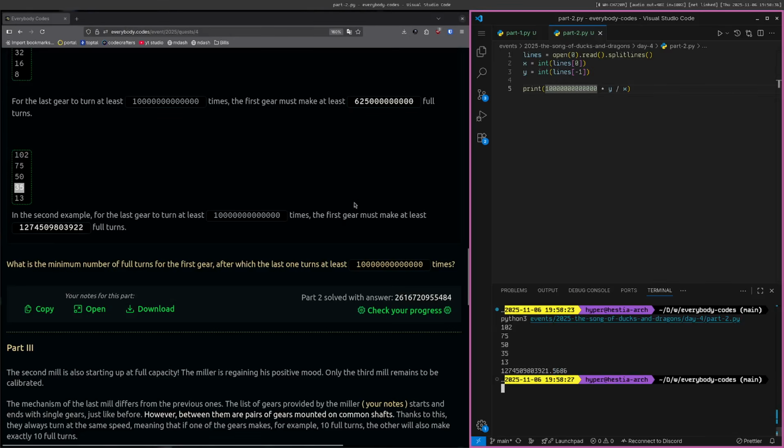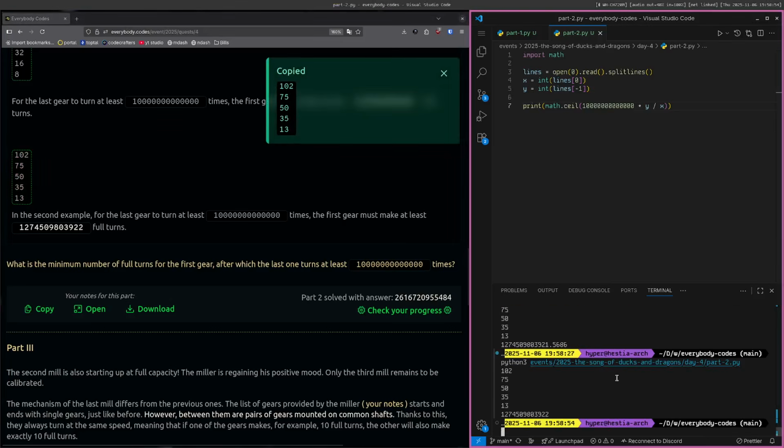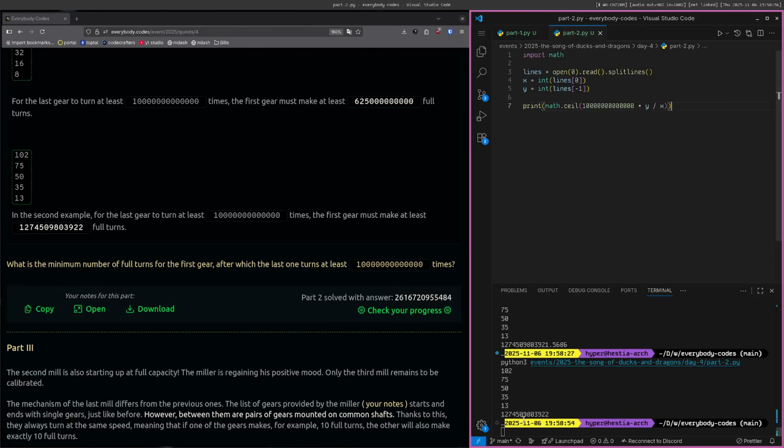But because we need to turn the last gear at least this many times, we need to round this value up. And so the way you can round up is using math.ceil, standing for ceiling, which rounds a value up. And that will work for the output.